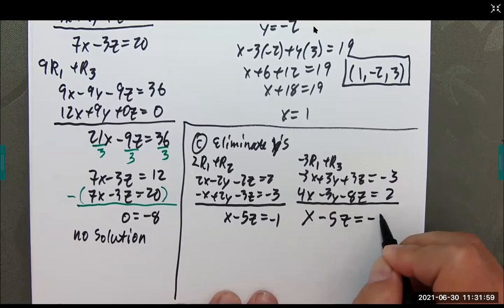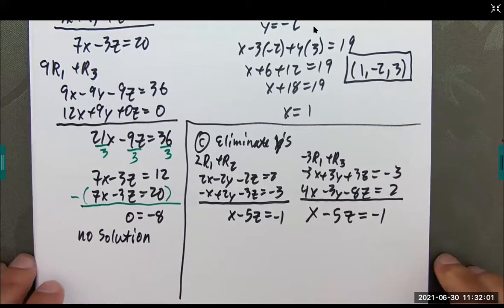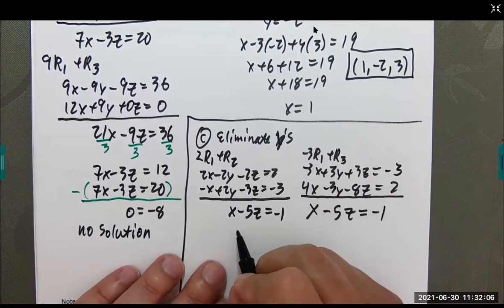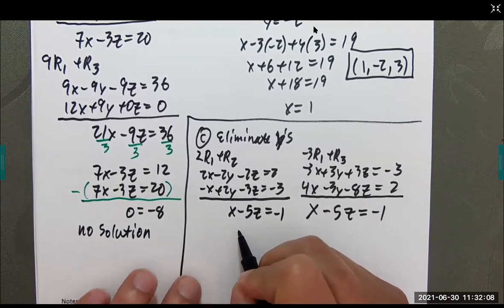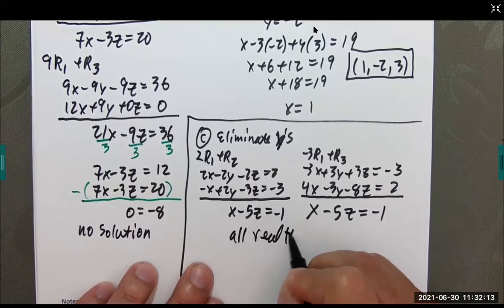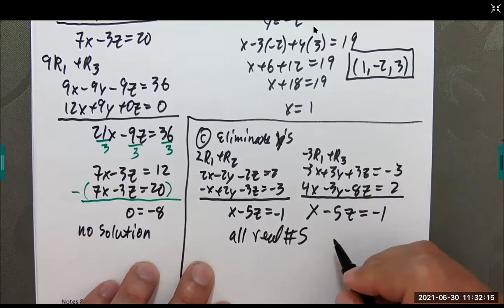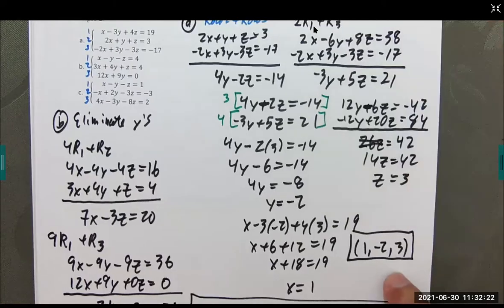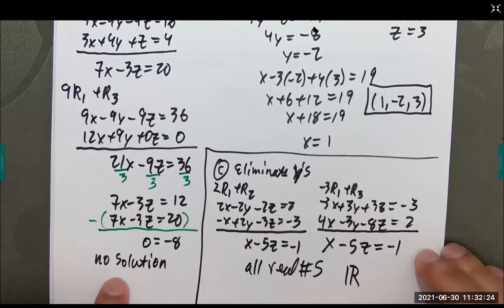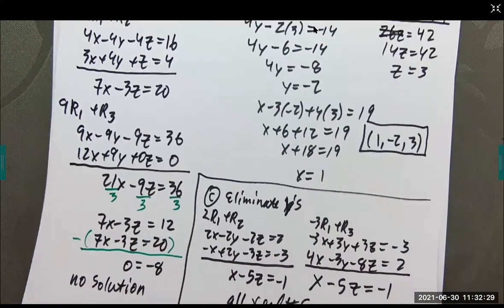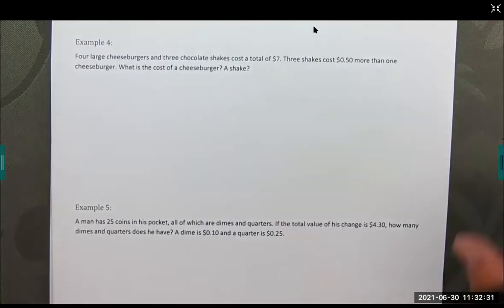Ooh, look at that. The same equation. So we can write it like this. The answer is all real numbers. And we can get fancy and just put the all real number symbol if you want to. So here are the 3 cases again. We have one unique solution. We have no solutions, or we have all real solutions. Any real number is a solution. Let's do some applications here.